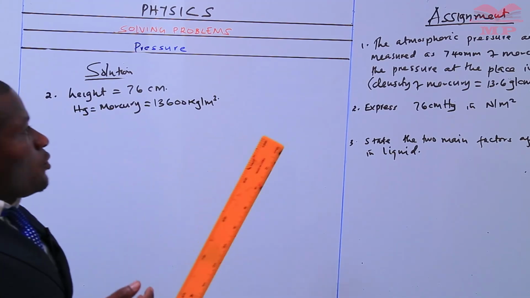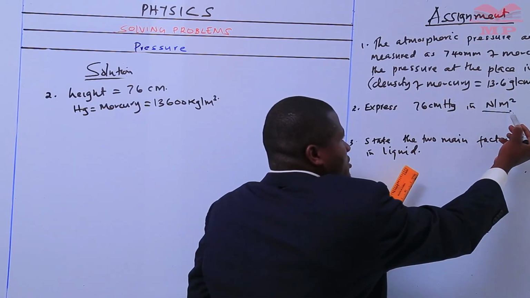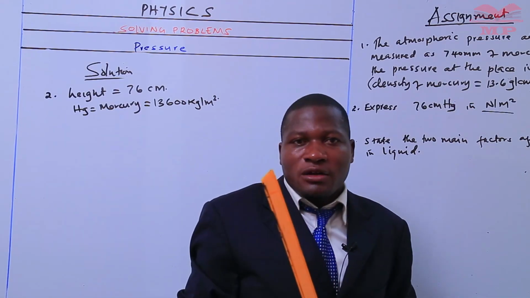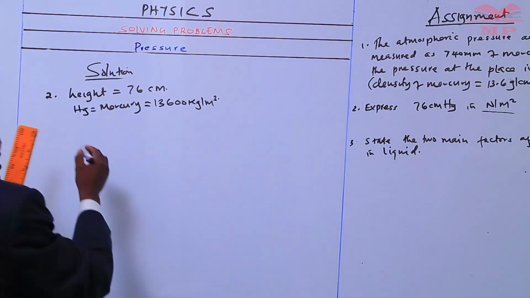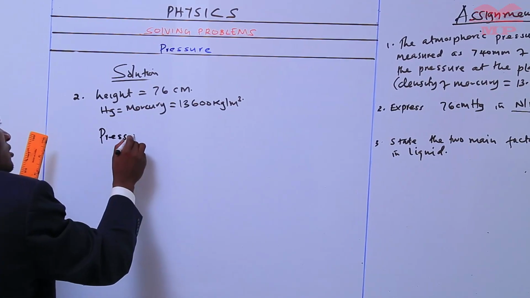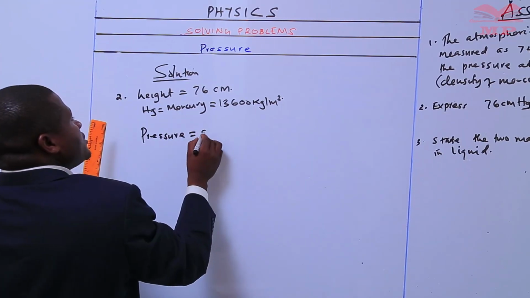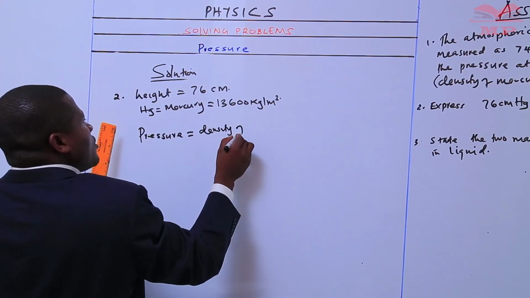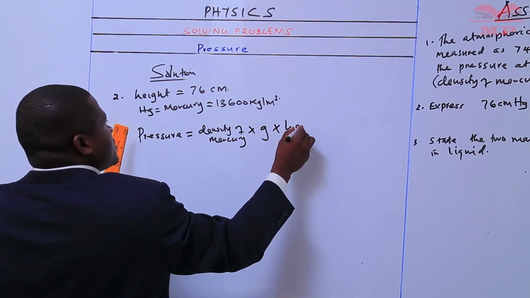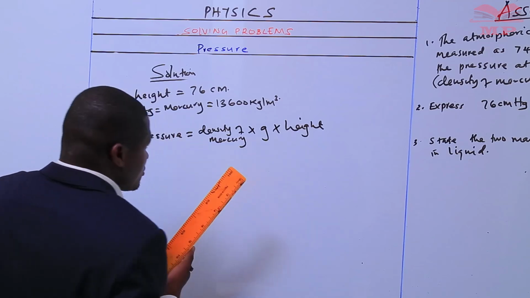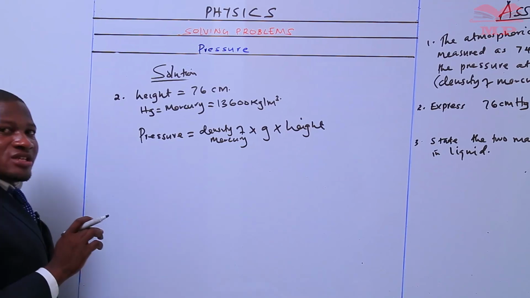Then we want to express this in Newton per meter squared. Remember, this is the unit of pressure. Newton per meter squared represents pressure. So my pressure is just equal to density of mercury times G times the height. Remember, I have said G is always known.